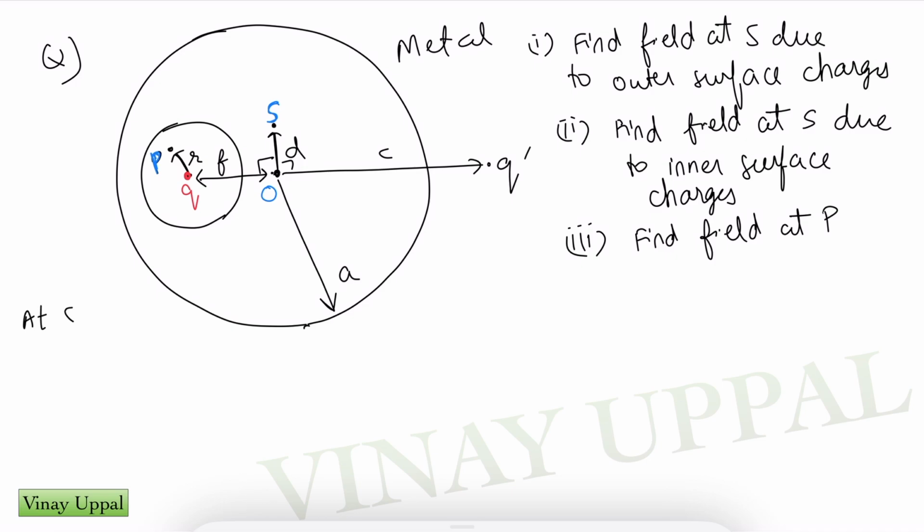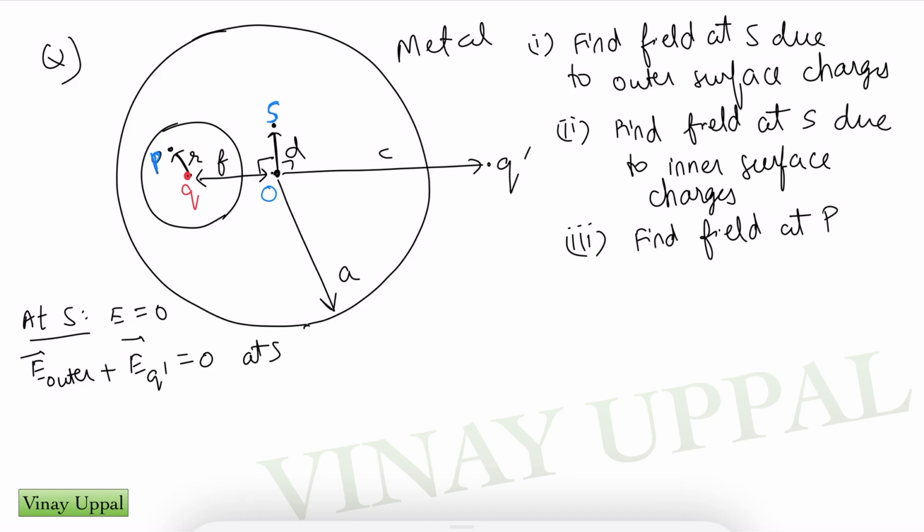So first of all, we should recognize that at S the net field is 0 because it's inside the conducting material. Now, can I say that the field due to the outer surface plus the field due to Q dash is 0 at S?